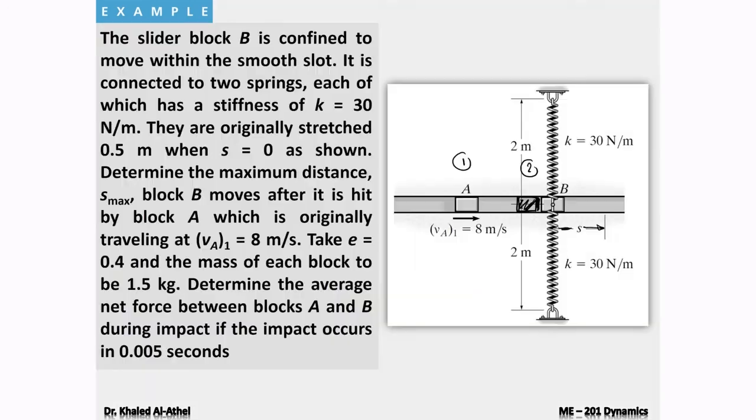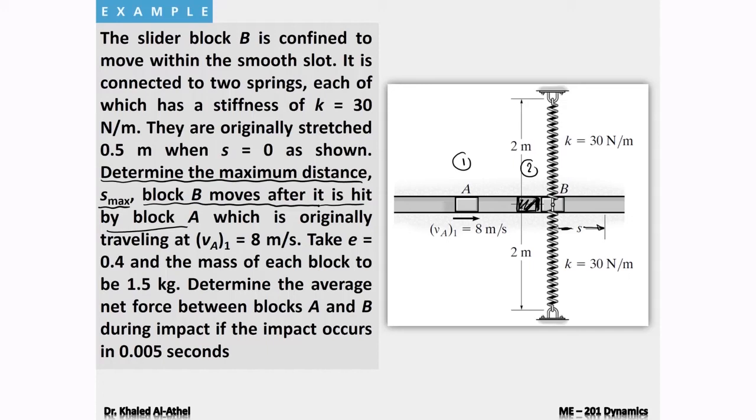Now let's think about this problem. It asks you to find the maximum distance traveled, s max, after block B is hit by block A. Okay, so it is confined by the spring, so it has a certain amount it will stretch. So let's look. What kind of force is acting here? I only have the spring forces, and I have the initial velocity of B, and I need to find distance.